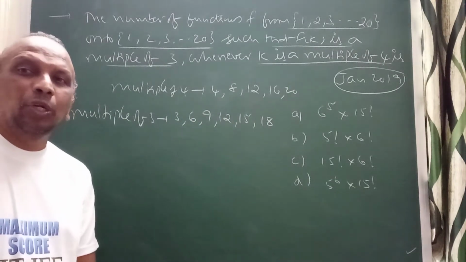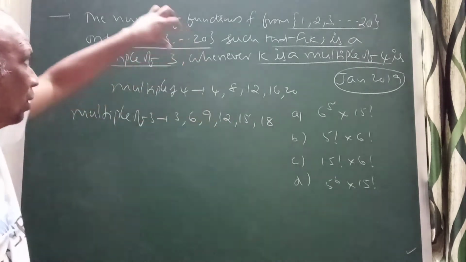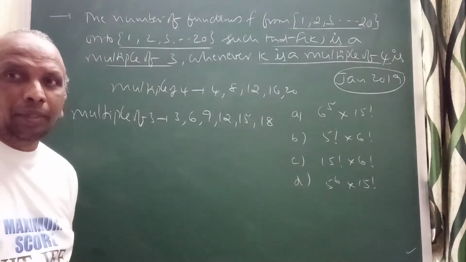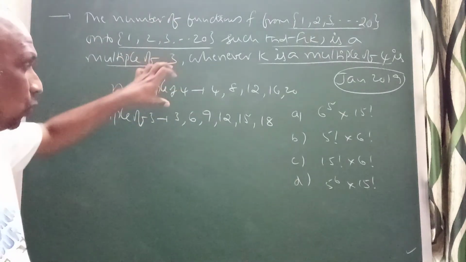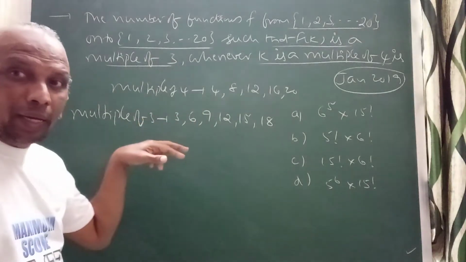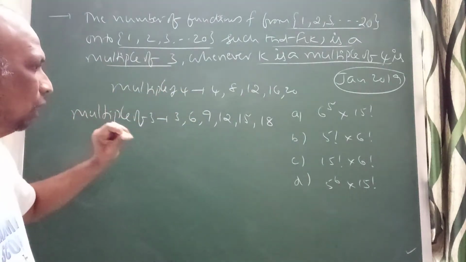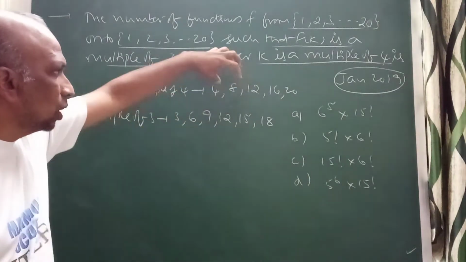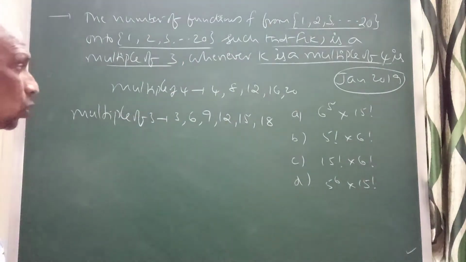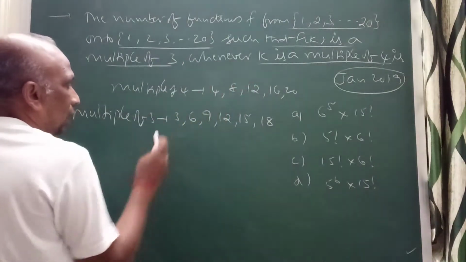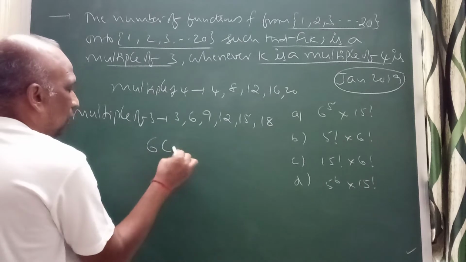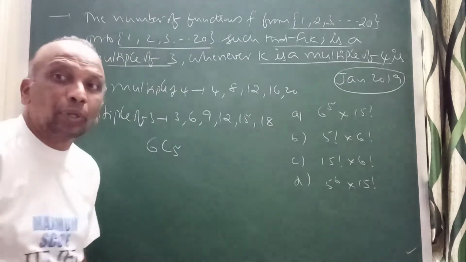Now to make the function onto, every element of the codomain should be connected. So first you should follow this rule. What are the arrangements we can do from these two? I have 6 elements, and these 5 elements I should connect. These 5 elements with 6 elements, anything I can connect. It can be done in 6C5 ways.